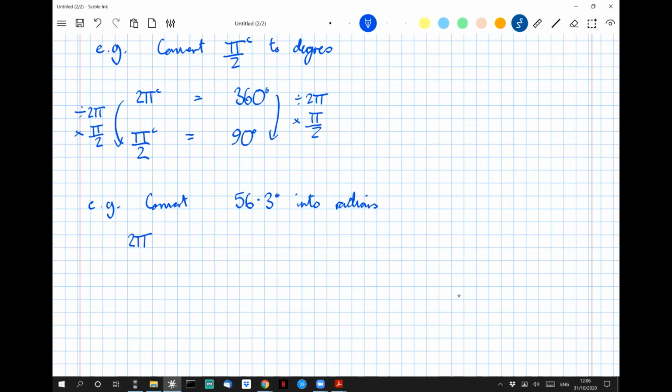So 2 pi radians equals 360 degrees. And we want 56.3 degrees. So divide by 360, times by 56.3 to get 56.3 degrees.